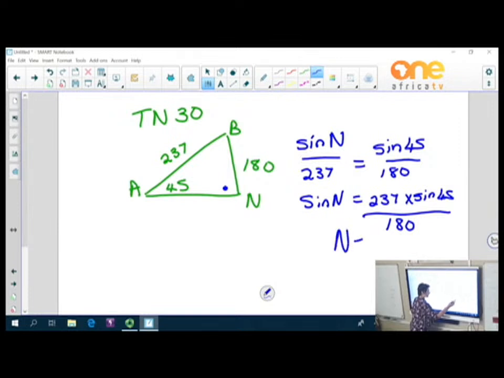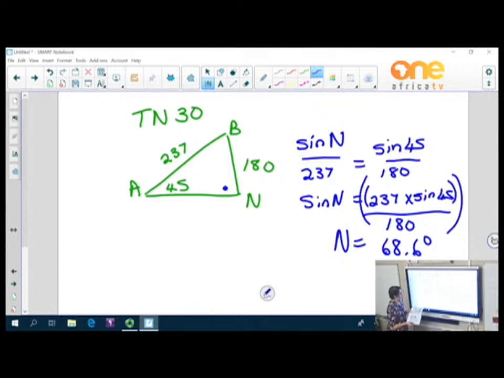Second function sine, because you want that angle, and my angle is 68.6 degrees. Make sure that you press your calculators correctly. If you get wrong answers, it means that you'll have to use extra brackets here to get the correct answer.